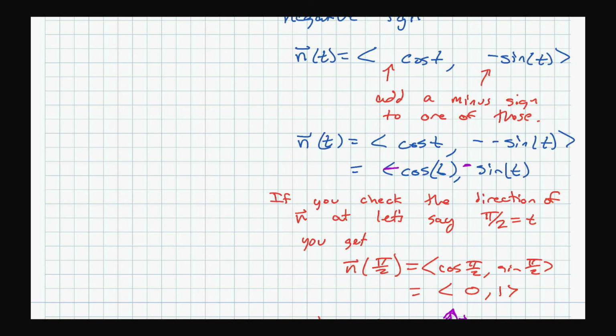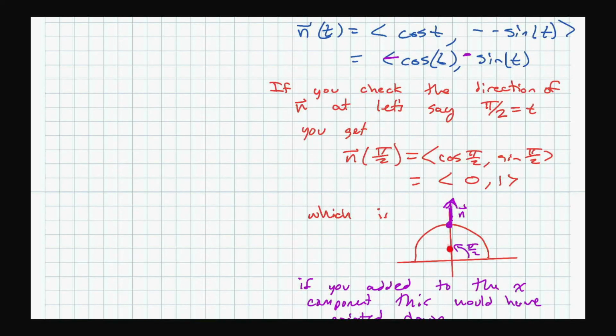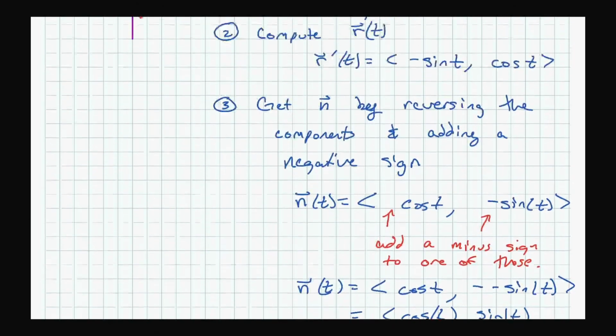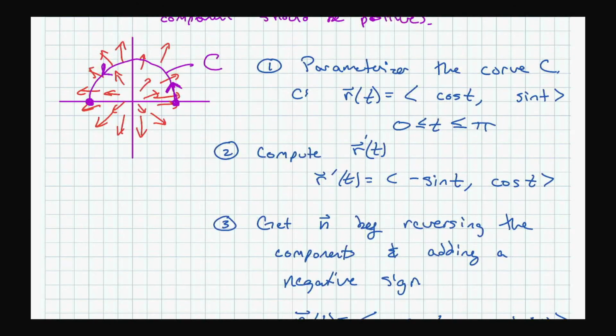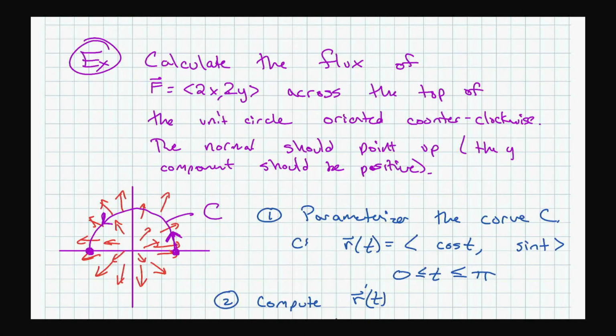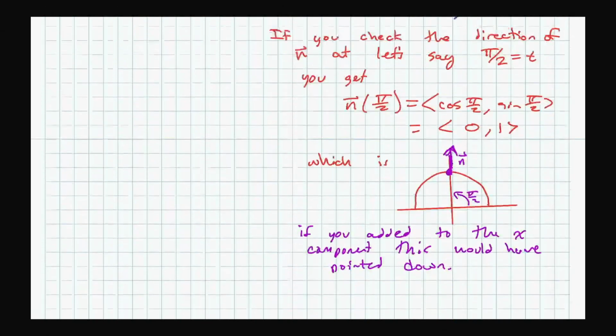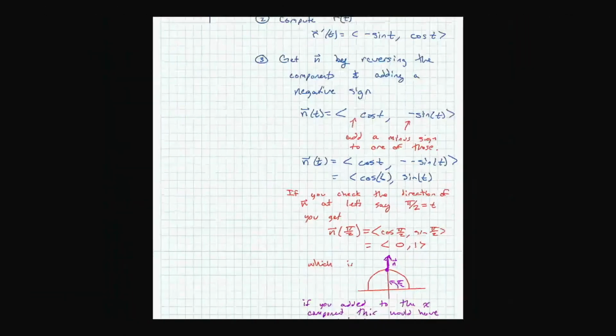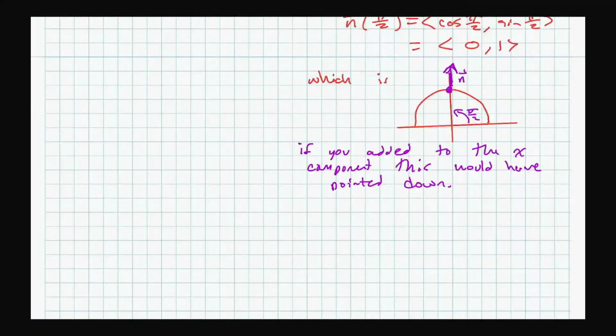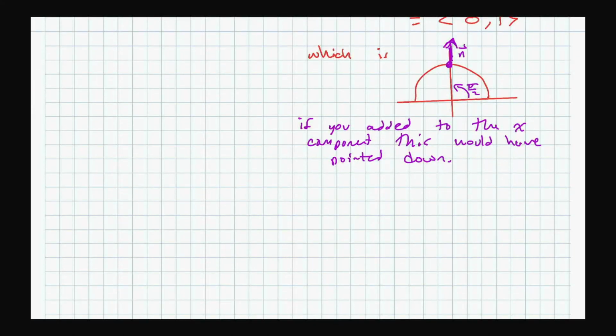And when you plug in pi over 2, this would have been 0 still, but this would have been negative 1, and that would have pointed straight down. We didn't want it to point straight down. We wanted it to point up. That's why we did what we did. There's a lot of text there that didn't need to be there if we're just calculating this.